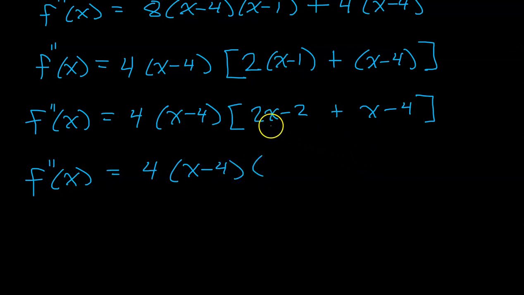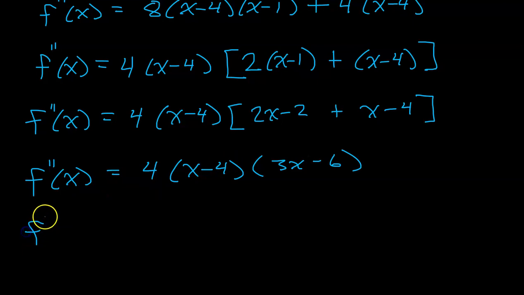So just combining like terms, 2x plus x is 3x, and then negative 2 and negative 4 make negative 6. Well, there's one more little step because there's a common factor of 3. So I'm going to pull that common factor of 3 out front. That's going to make this a 12.